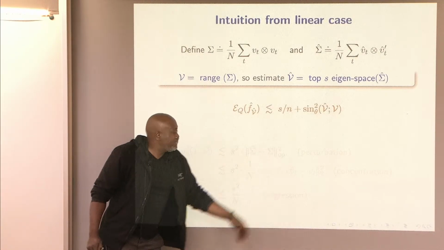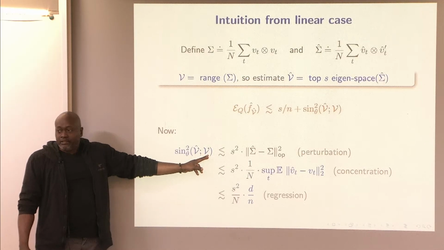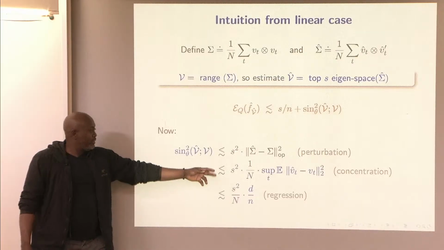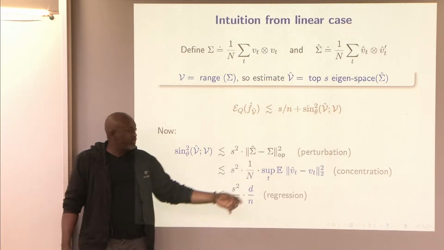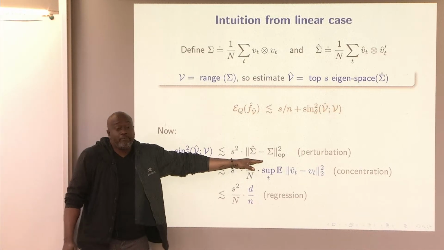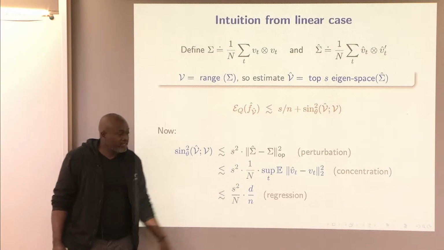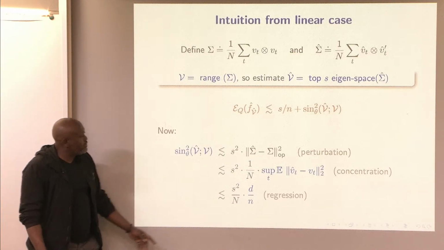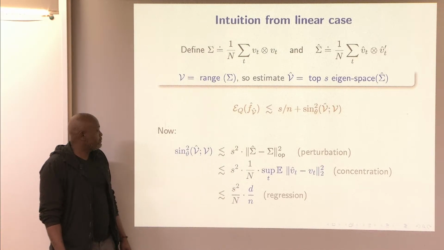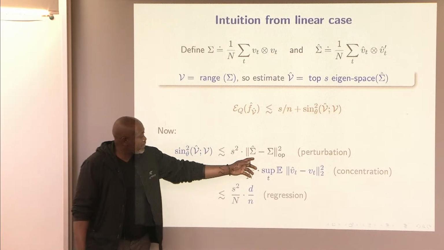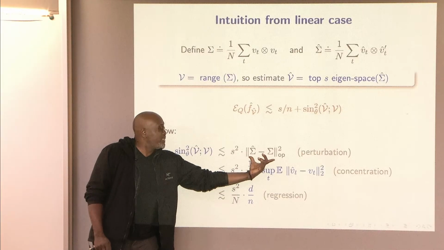We want to analyze the sin theta between V hat and V, which can be upper bounded by the estimation error in operator norm. And this is really just a perturbation analysis. It's not really estimation, right? It's just a perturbation analysis. And the key thing we're using here is really, in fact, that, yeah, so don't worry about it for now. This is just a perturbation analysis. And then what is the rate here?